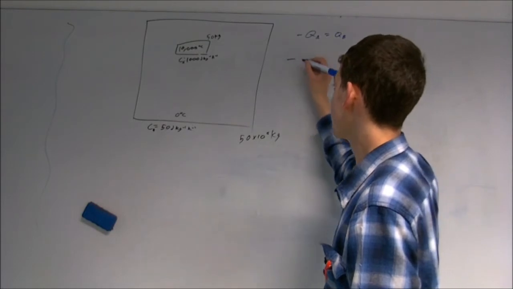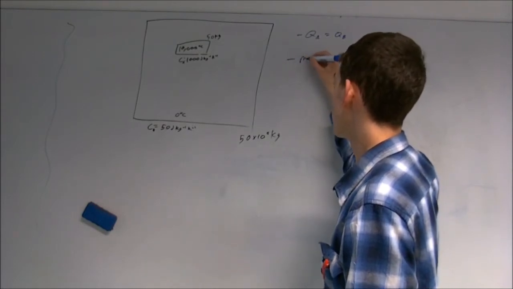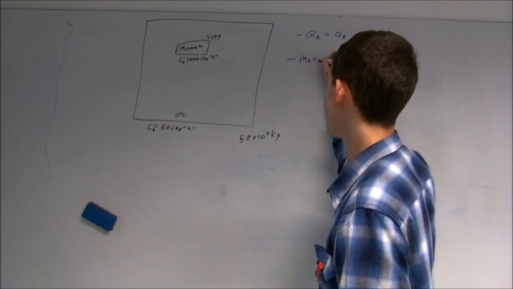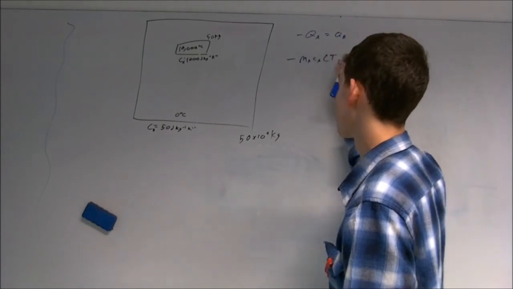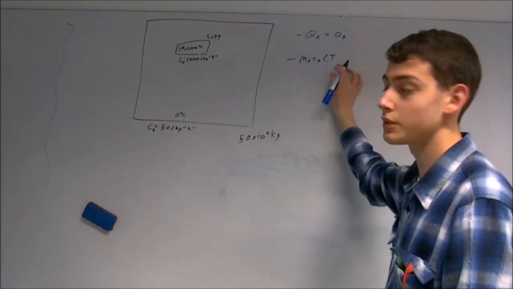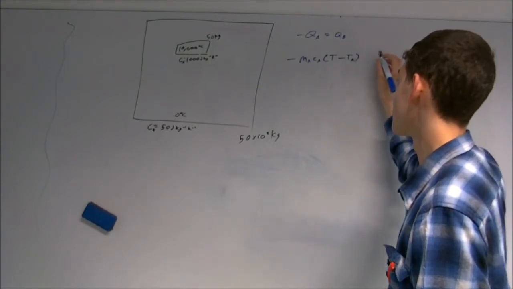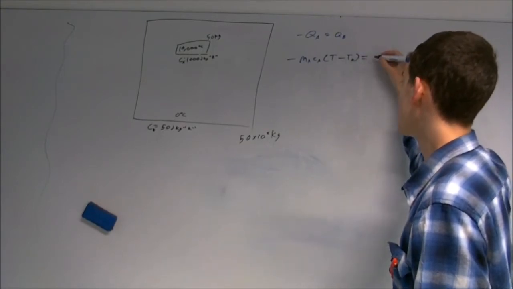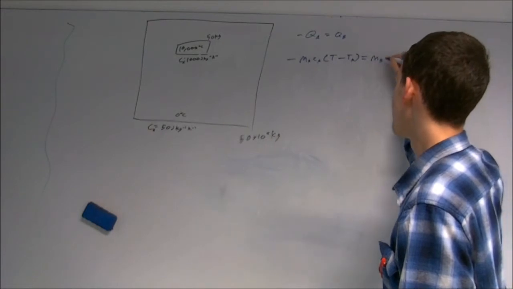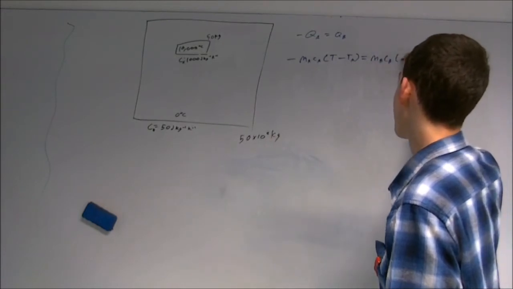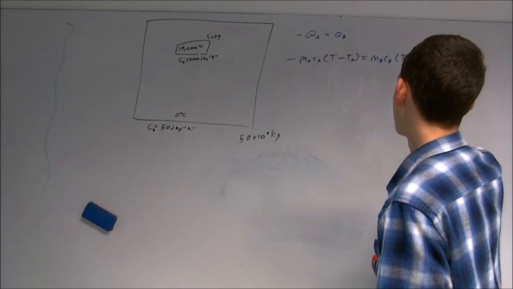So we know that minus MACA times T final minus TA, which is the initial temperature of A, equals MBCB times T minus TB.